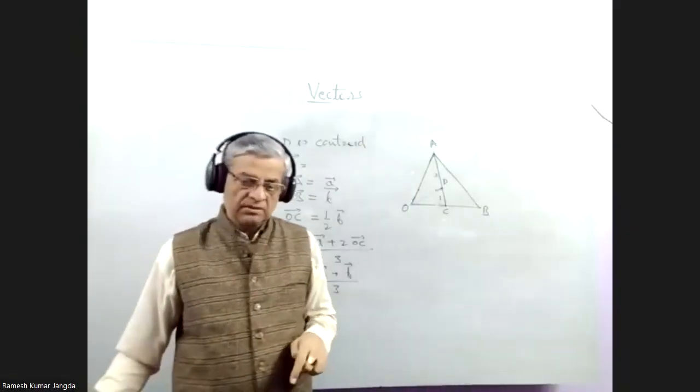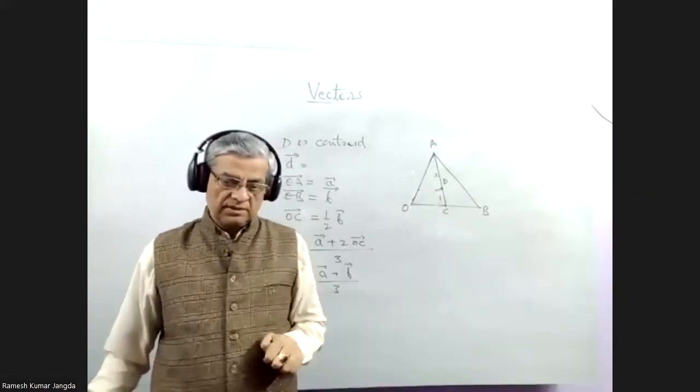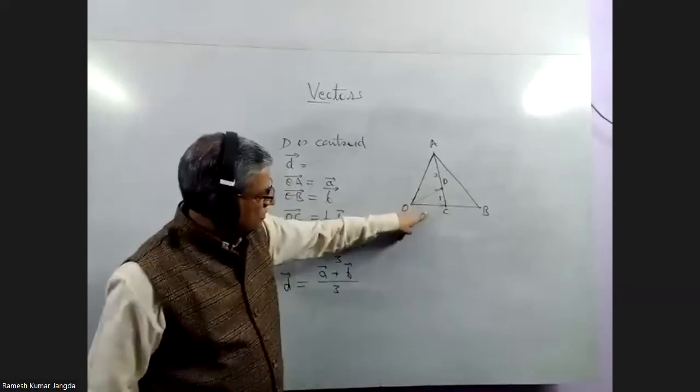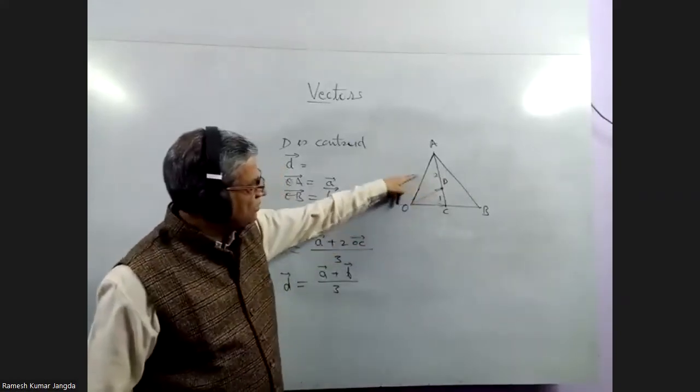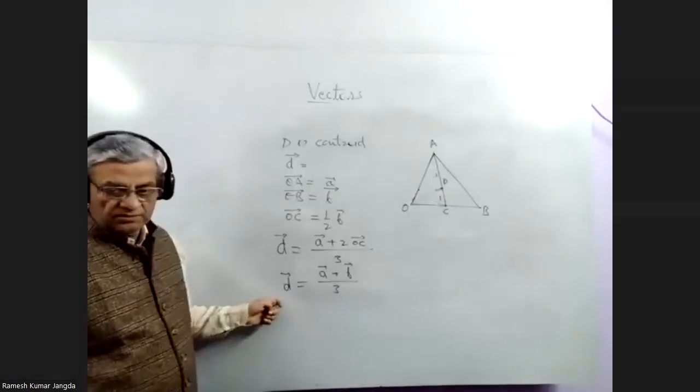N times A plus M times B upon M plus N. So 2 times OC plus 1 times OA upon 2 plus 1. So that gives you the result.